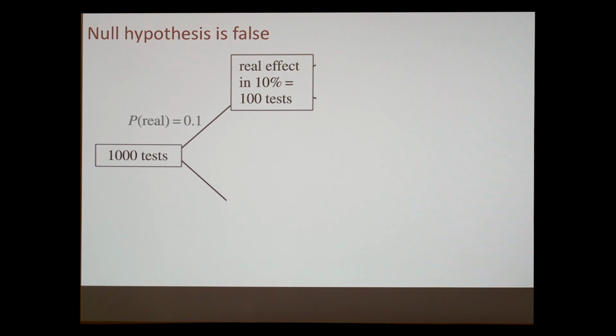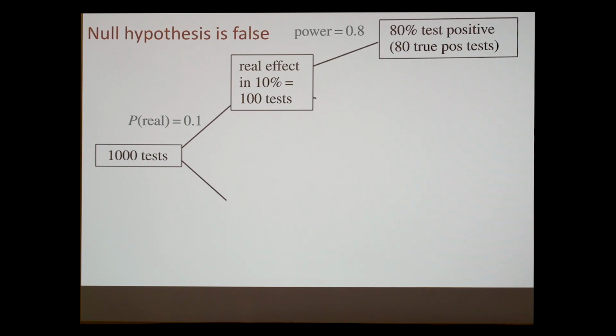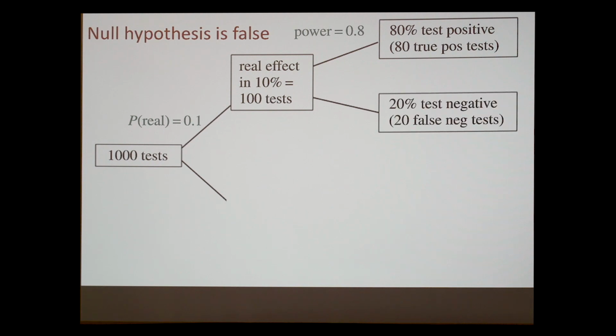Considering 1,000 tests, 100 of those 1,000 tests have a real effect where the null hypothesis is false. So that means the power of 80% is such that 80 of those 100 tests, the real difference is correctly identified. And then the remaining 20 are those falsely identified as having no difference when a real difference exists.